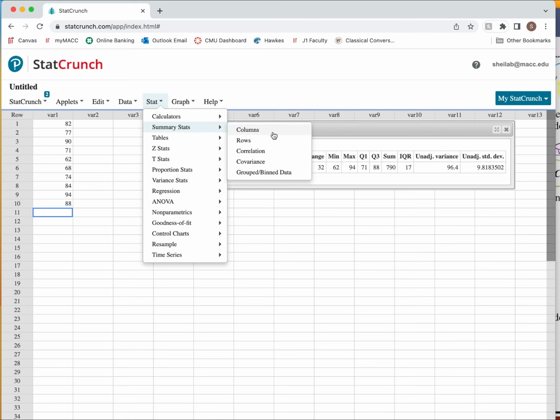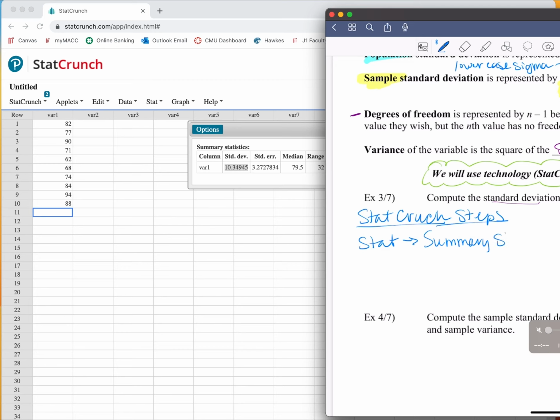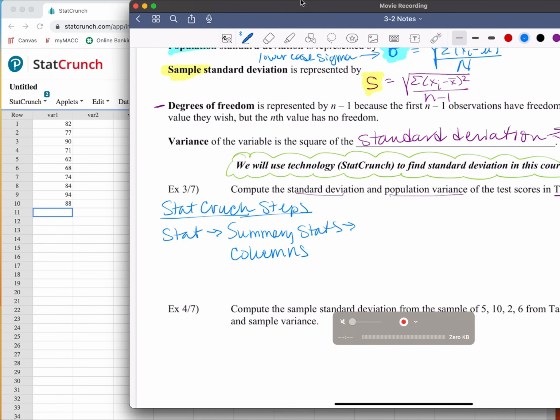I was hoping I could put both things up there at the same time. Doesn't look like it's letting me. Oh, look at that. Stat. Just so you can see where it is as we're writing these down. Summary stats. And then that leads us to columns, but it went away when I started writing. So I guess that really didn't help. But whatever, that is where that information is.